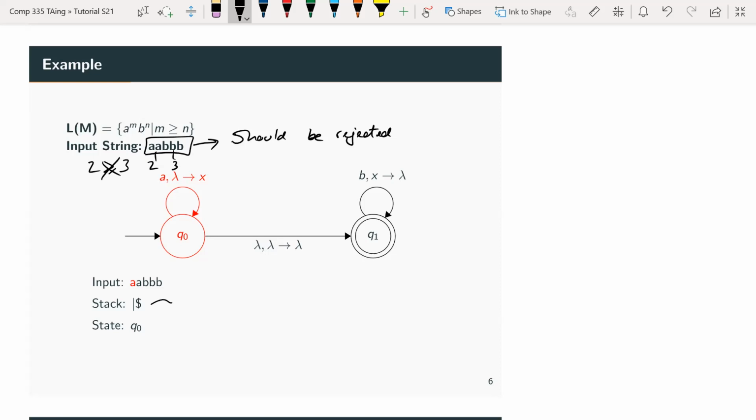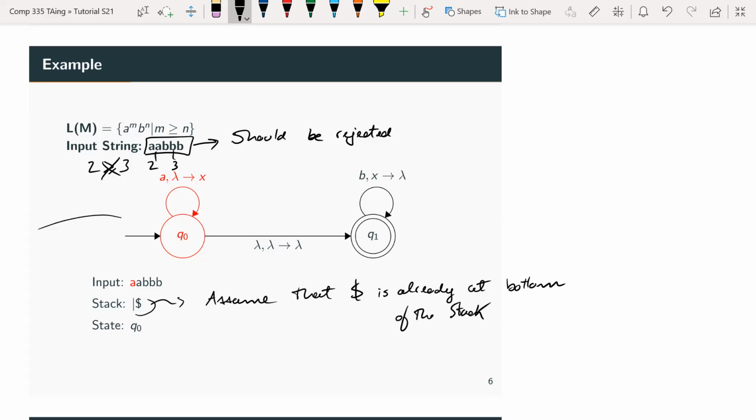We're assuming that the $ is already at the bottom of the stack. This is a fair assumption; in your assignment, you can assume that you have the $ at the bottom of your stack. Or if you want to be safe, you could push a $ at the beginning without reading anything.